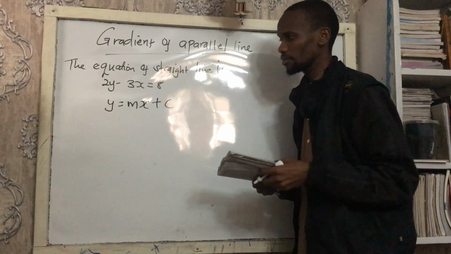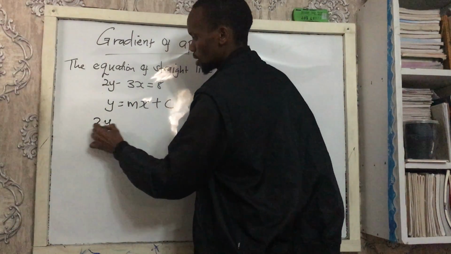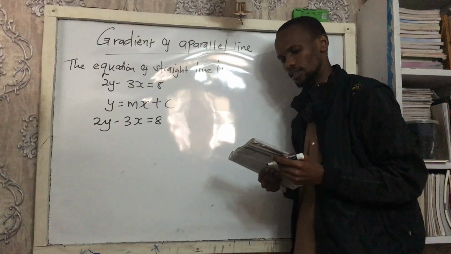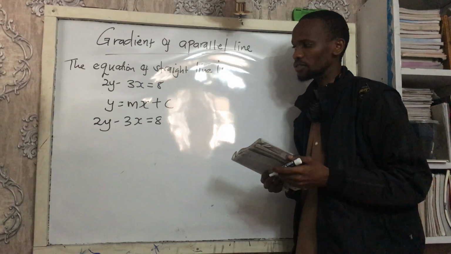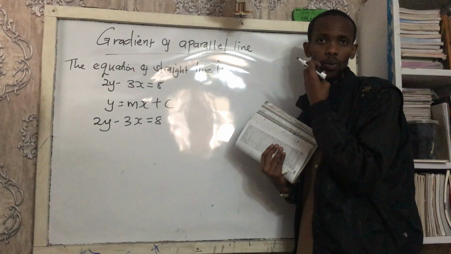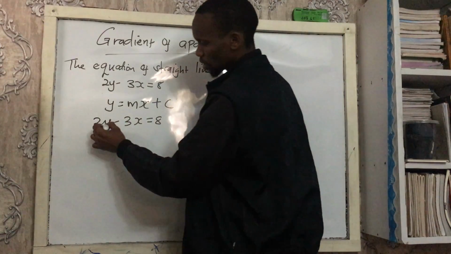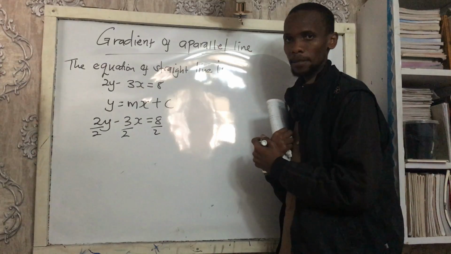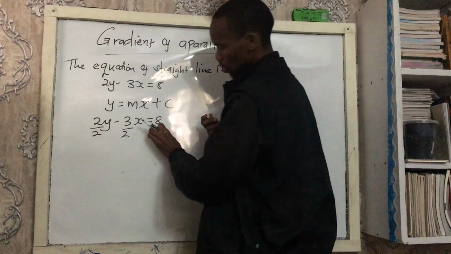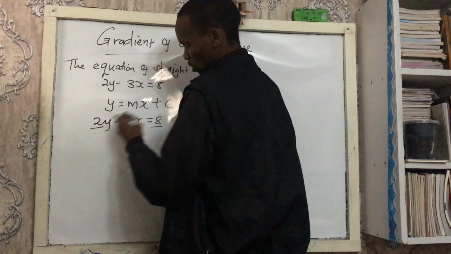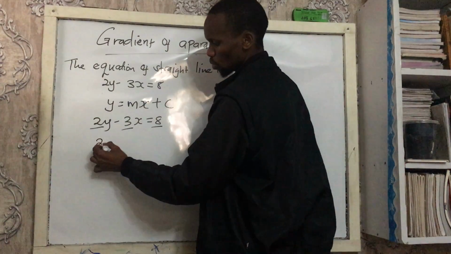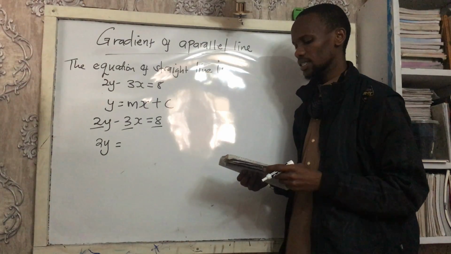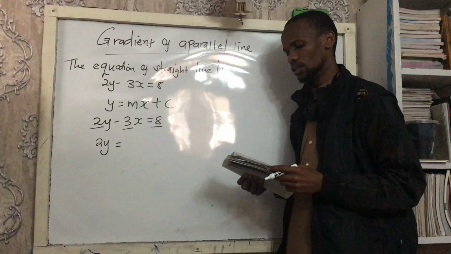Now we have our equation as 2y minus 3x equals 8. Are you together? Number one, we need to divide by 2 to remain with y. Or simply, not to confuse you, I will take the 3x to the other side. 3x is a negative, it goes to the other side and becomes a positive.